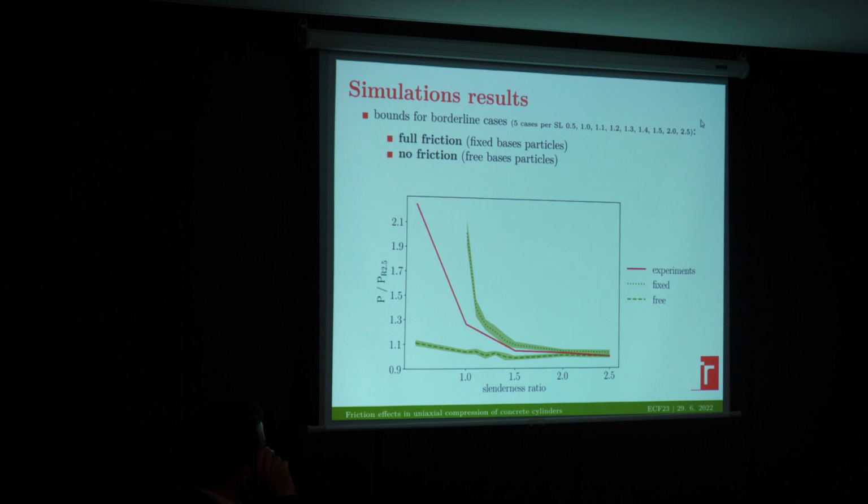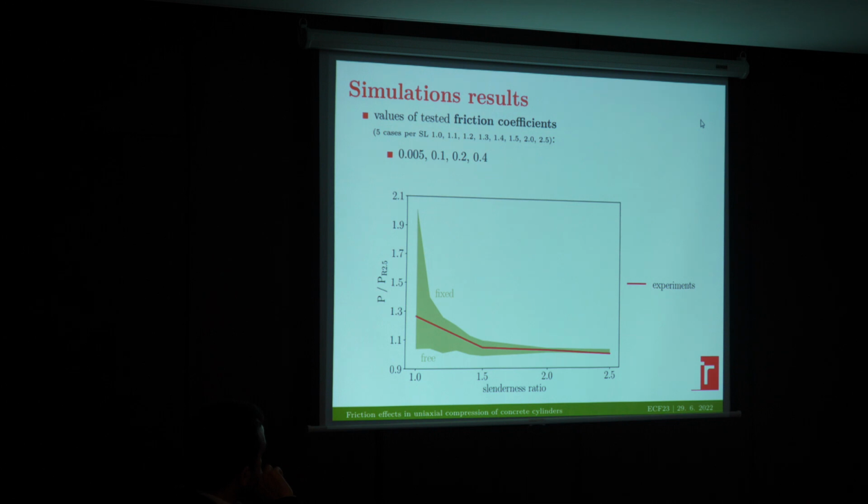You can see that it changes drastically even for slenderness ratio of 1.0. You can also see that the experimental results are somewhere in between these two cases. So we presume that there is indeed some friction happening and that has this effect.